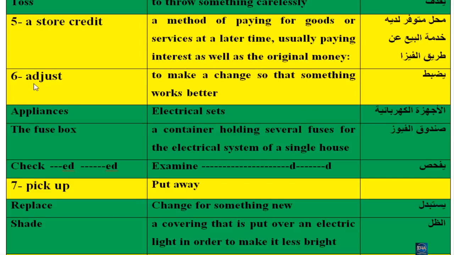6. Adjust, to make a change so that something works better. The T in better is a soft D. Appliances, electrical sets.